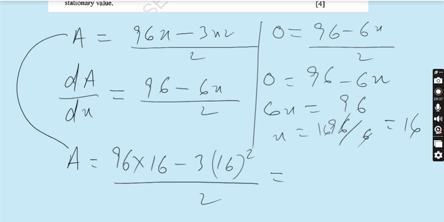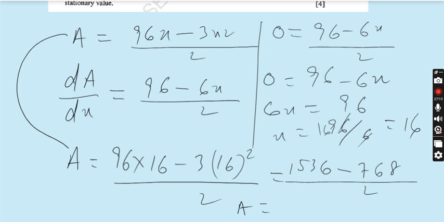I am also finding 96 multiplied by 16 is 1536, minus 16 into 16 into 3 is 768, upon 2.